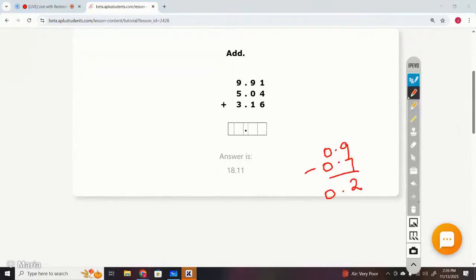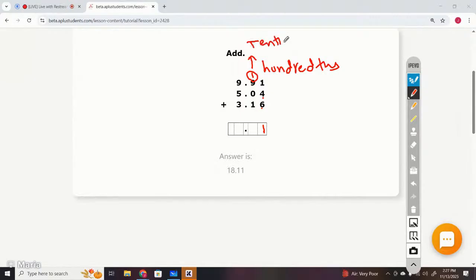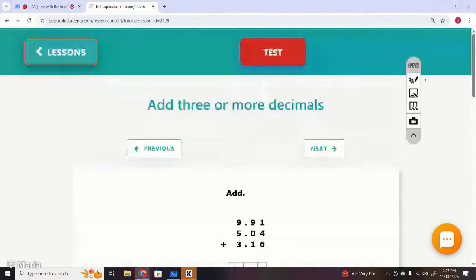So you just have to add. Start with the hundredths digit, right? Just add 6 and 4, 10 and 1, 11, write 1 and carry 1 to the digits at the tenths position. So now 9 and 1, 10 and 1, 11. Again write 1 and carry 1 to the digits at the ones position. So 9 and 1, 10 and 5, 15, 16, 17, 18. So the sum is 18.11. The correct option is 18.11.